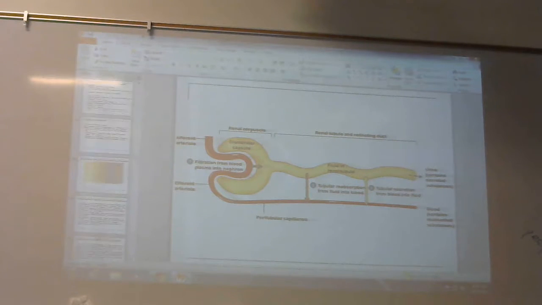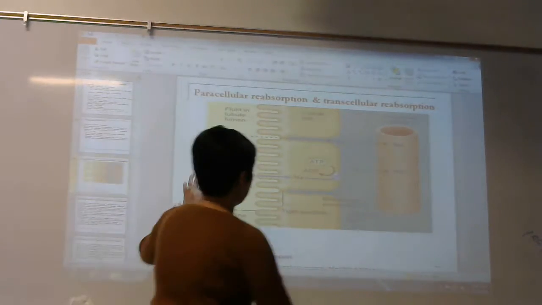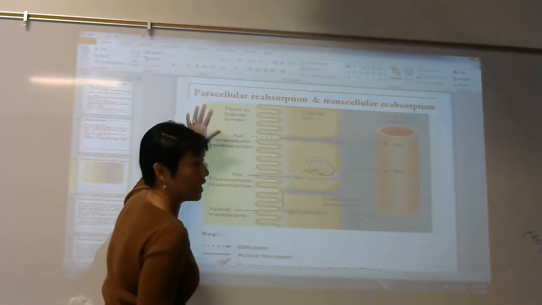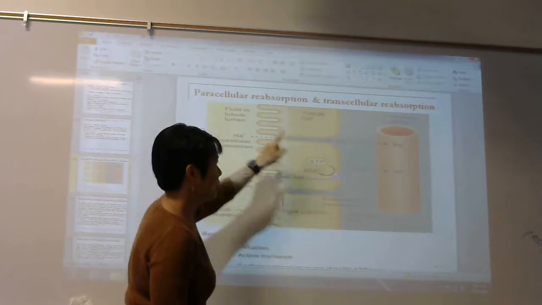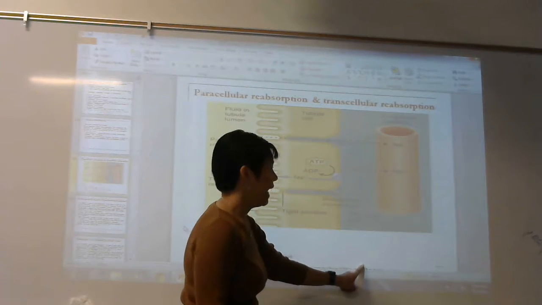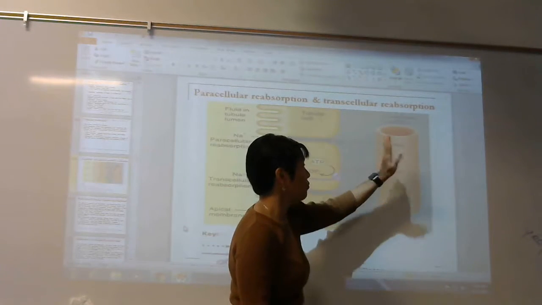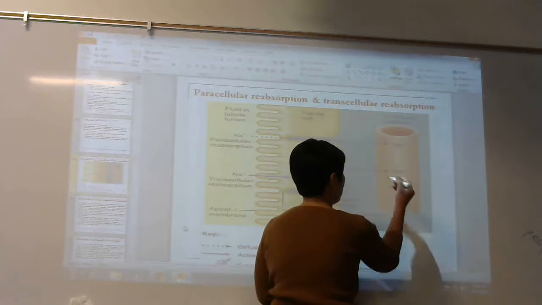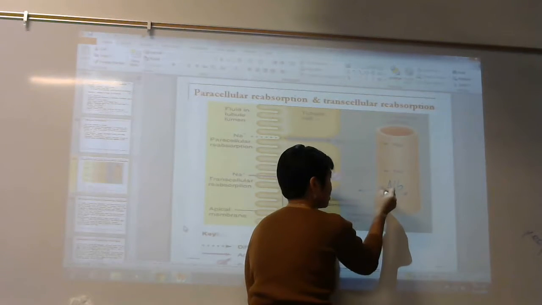Okay? You remember, look at your picture over here. So this is the lumen. This is the peritubular fluid. There's your interstitial fluid. And there's your blood vessel, the peritubular capillary. This one, see, albumin, no problem right here to reabsorb.